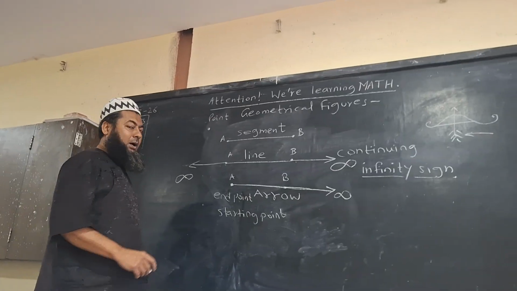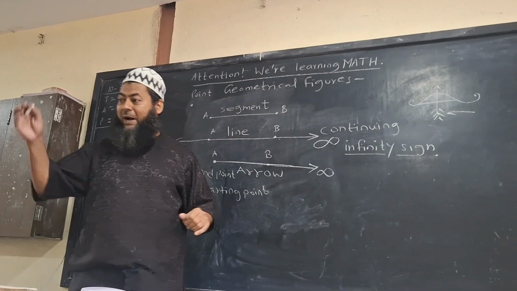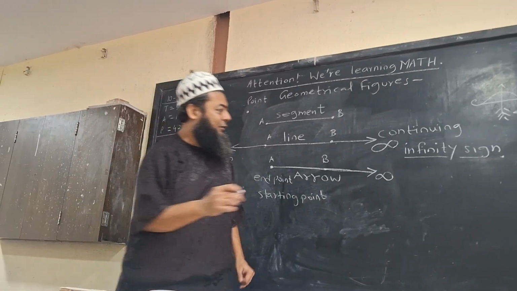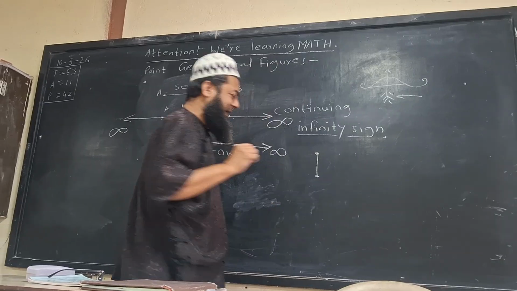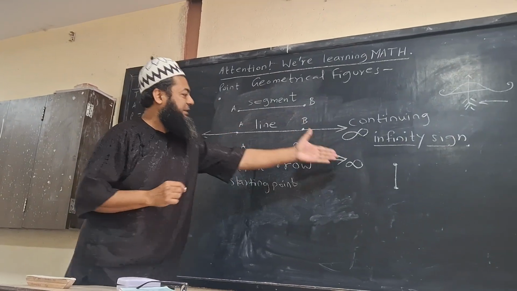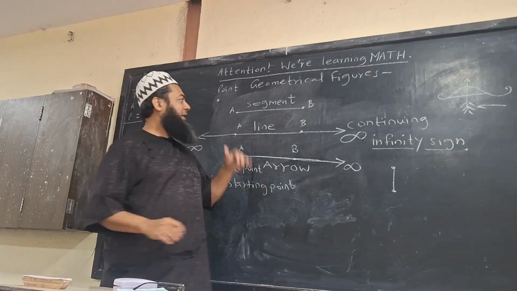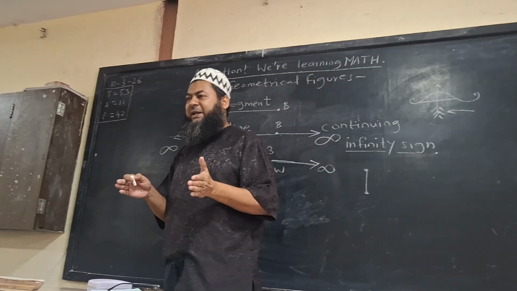Well, now I will show you some figures here. You identify and tell me what figure that is. You must say quickly, okay? What figure is this? What's the difference between this and this? No difference. Here it is sleeping, here it is standing. One is horizontal, the other is vertical.